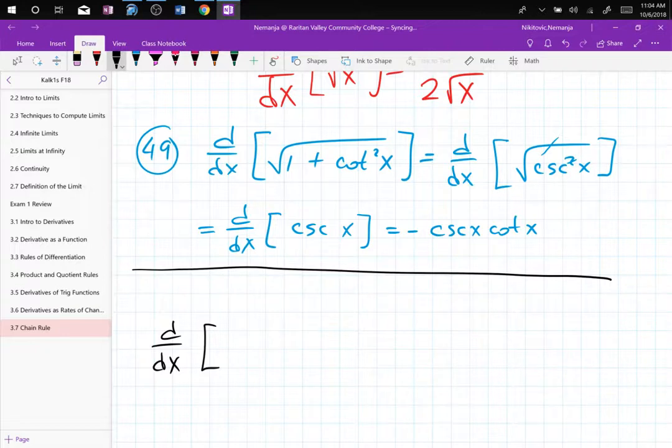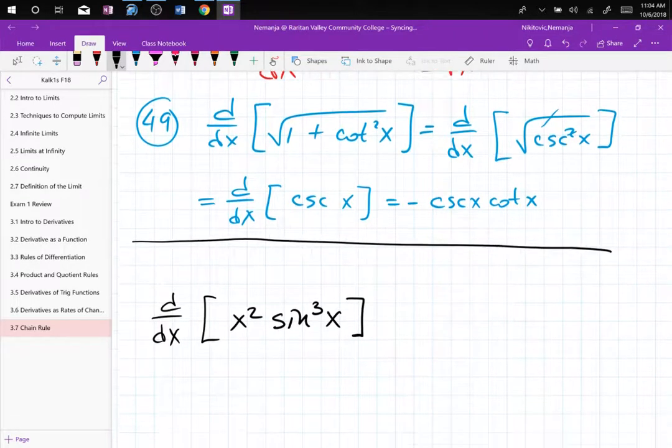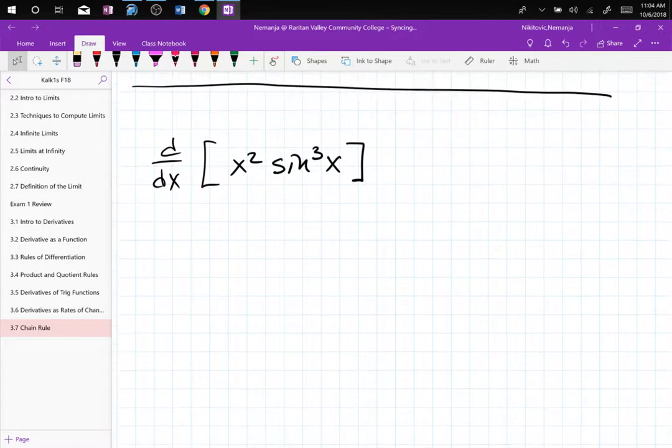How about x squared sine cubed x? So as you are looking at this problem, does this appear as a chain rule, product rule, or quotient rule at large? If you're looking at the whole thing as a problem, is this product, quotient, or chain?